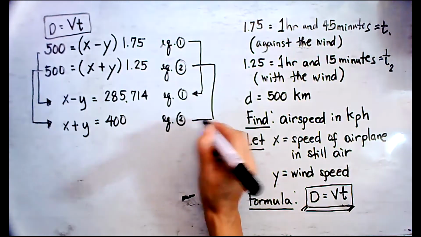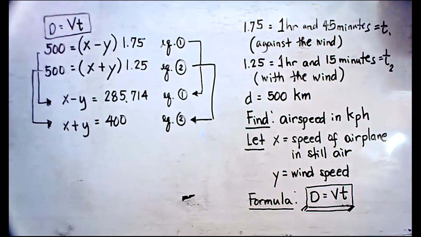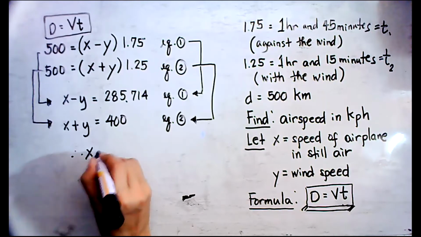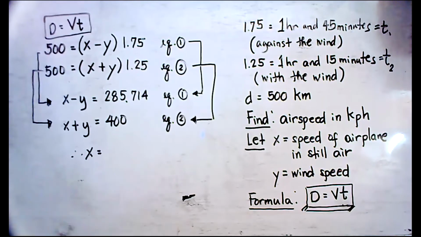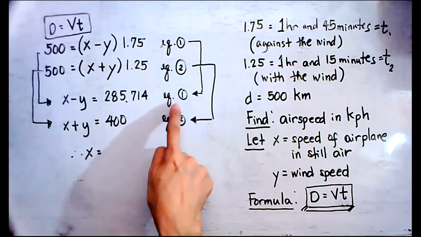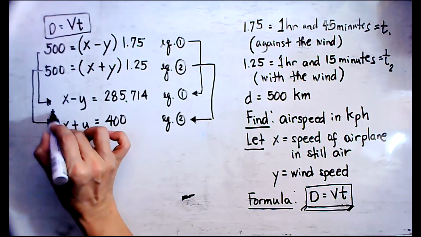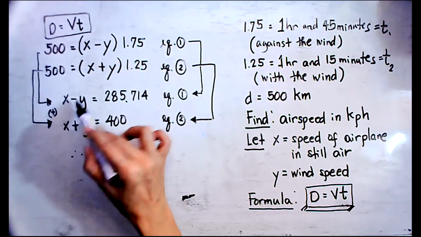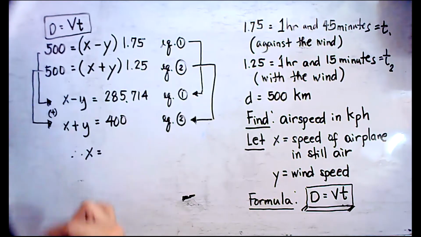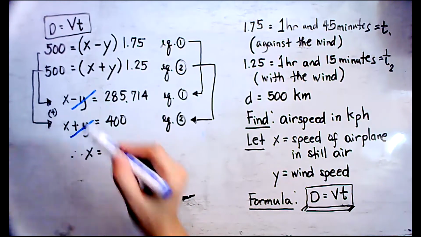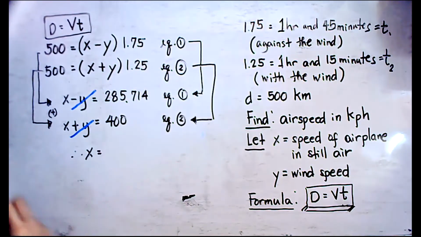With these two equations, we can solve for the value of x. So if we are going to solve equation 1 with equation 2, solving simultaneously, if you are going to add these two equations, the value for y will be canceled out.